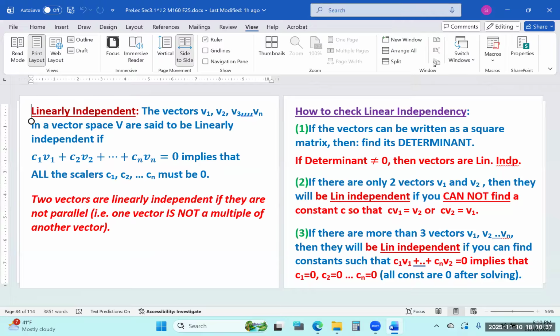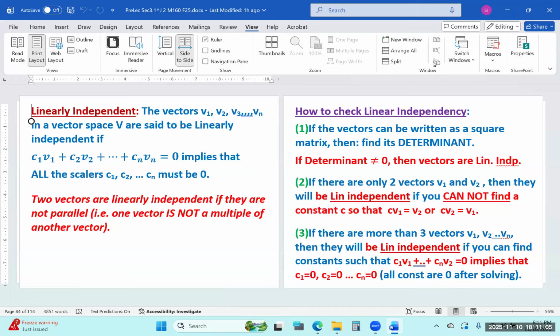And if you don't have a square matrix, then all you have to do is multiply all the vectors with some coefficients, and then solve your system of equations by reducing to echelon form, and see if all the constants are 0.